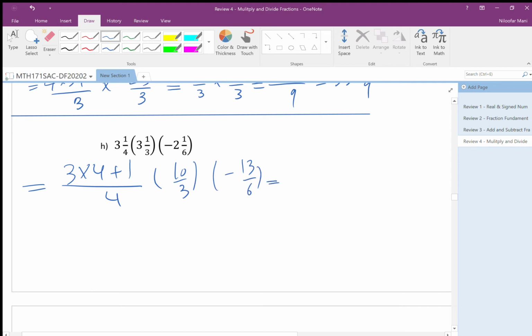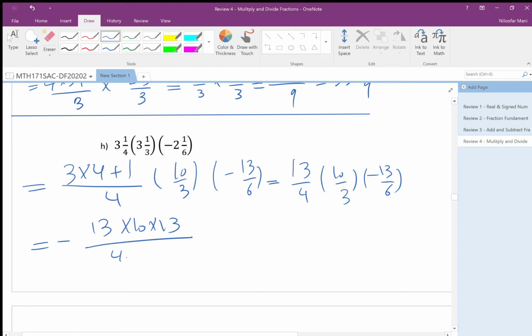Negative or positive, minus. Can I simplify? So 13 multiple 10 multiple 13 over 4 times 3 times 6. And I can make it simplified, so I can do 5 and I can do 3 here.